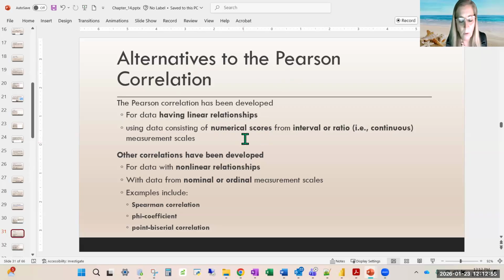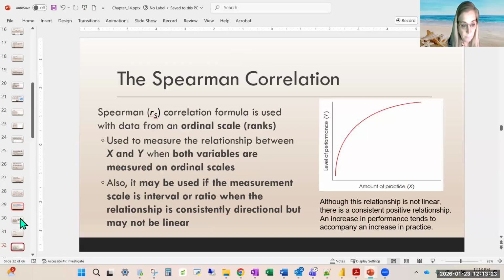So all numerical types of scores can be evaluated using a correlation coefficient. Other correlations have been developed for data that is non-linear and also data that have nominal or ordinal measurement scales. There's the Spearman correlation, there's the phi coefficient, and the point-biserial correlation.